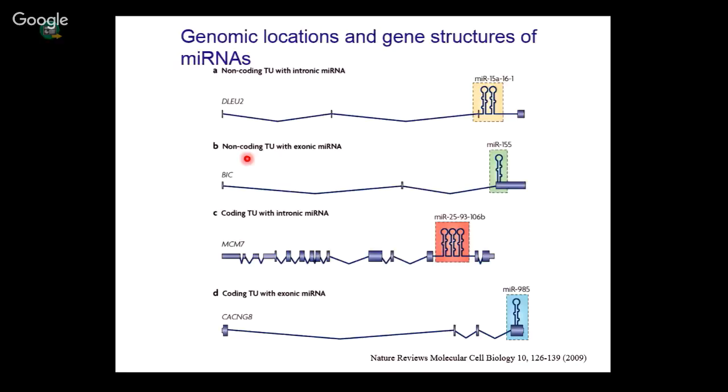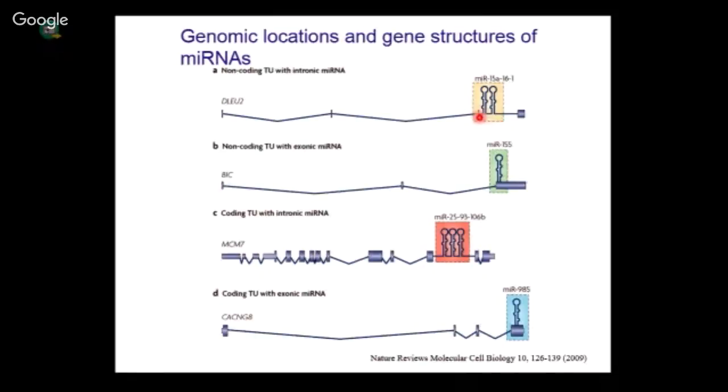Here are the genomic locations and the gene structure of human microRNAs. Some of the microRNAs can localize at a non-coding transcription unit, as intronic microRNAs. Like this one, DLEU2 is a non-coding transcription unit. This is a splicing feature.